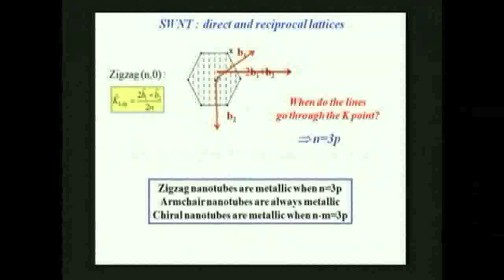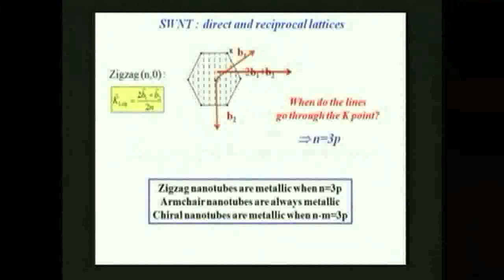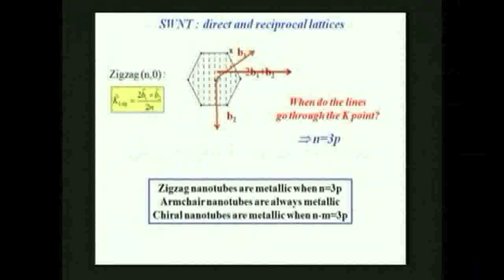We don't have time to make the same exercise on chiral nanotubes. I just give you the results. It's exactly the same calculations, except that the mathematics are slightly longer, so we don't have time to see it in detail. But in my course there will be the references of the books where we can find the solutions for chiral nanotubes.